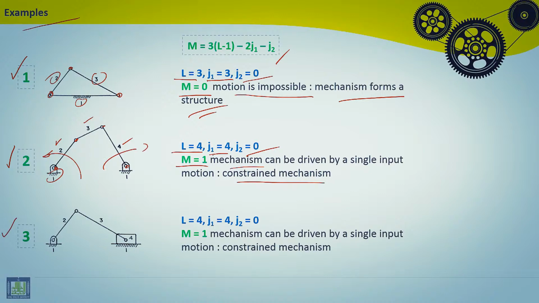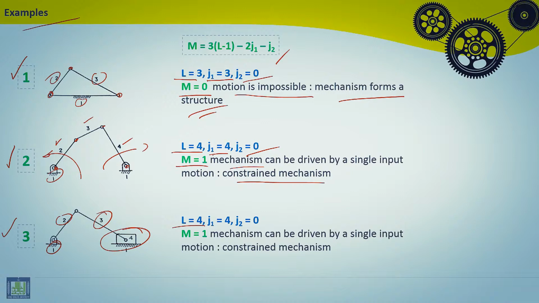Third example, it is slider crank mechanism. So number of links is equal 4, ground, second one, connecting rod, the crank, third one, and the slider, number 4.